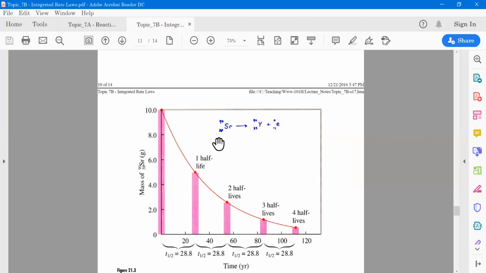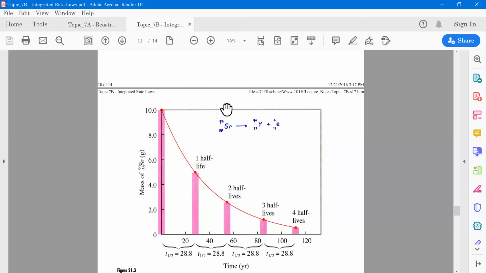The one that's shown here is for strontium-90 going to yttrium-90. Now, you may not have had any experience yet with radioactive decay, but in this nomenclature the upper number is the atomic weight, and the bottom number is the atomic number. For strontium, the atomic number is 38, and this happens to be one of the isotopes of strontium.